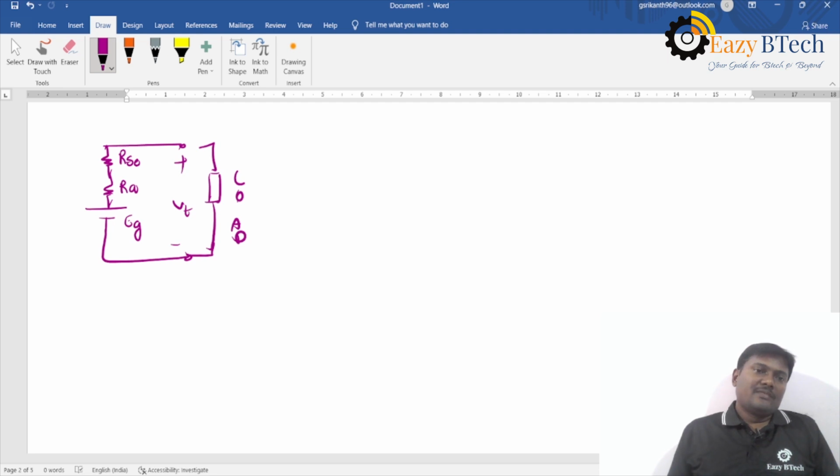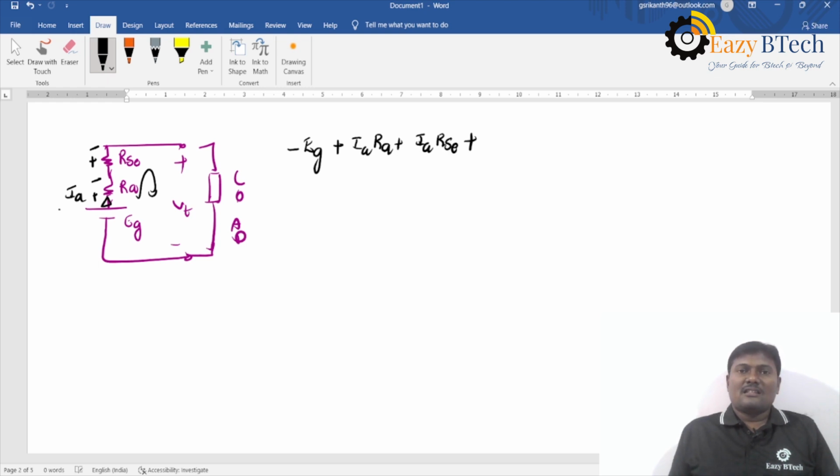Always the current flows from higher potential to lower potential. So apply KVL to this loop: minus EG plus IARA plus IARSC plus VT is equal to 0, because the current enters into the positive terminal. Now EG is equal to VT plus IA into (RA plus RSC) plus brush contact drop.